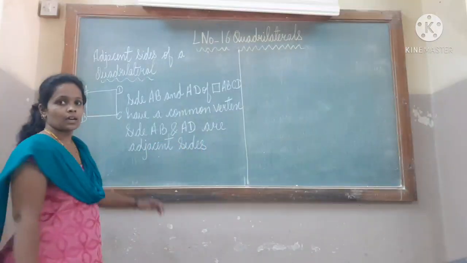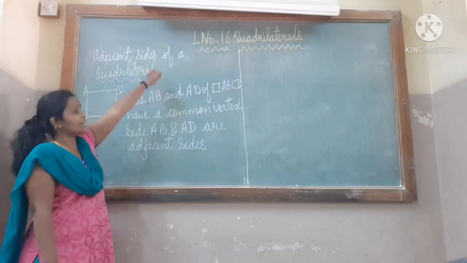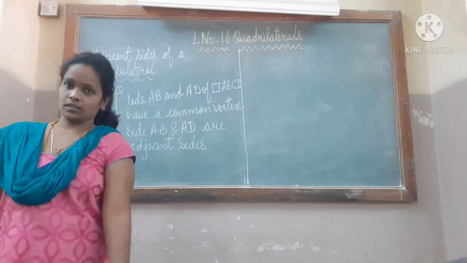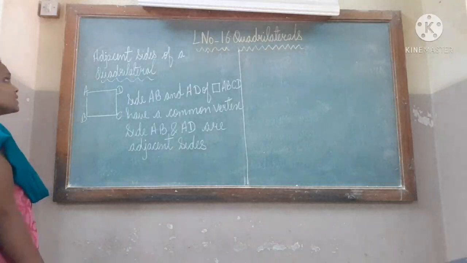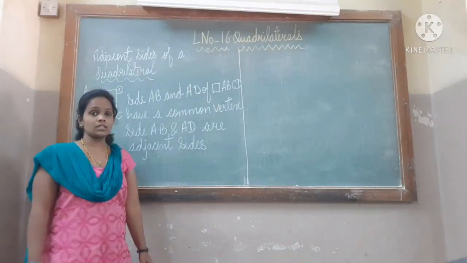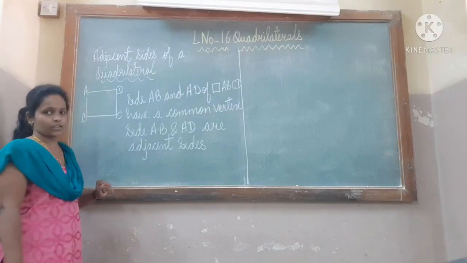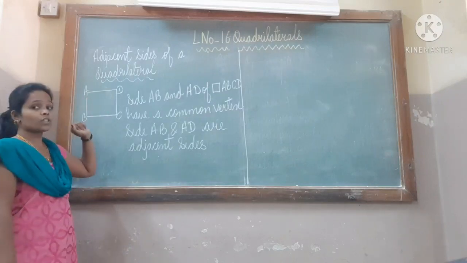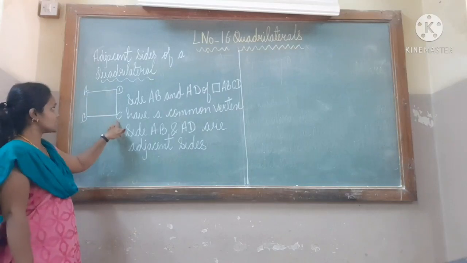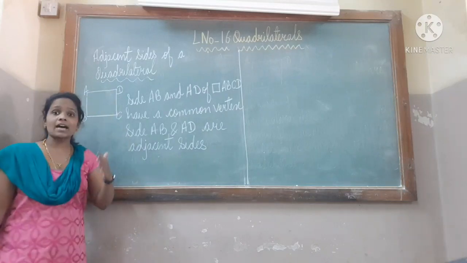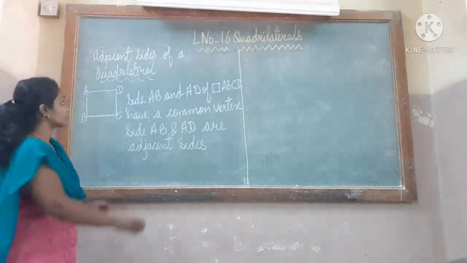We are going to see about the adjacent sides of a quadrilateral. Now, what are adjacent sides of a quadrilateral? See here, I have drawn one figure. The figure is of a quadrilateral, and the name I have given is A, B, C, D. Now, what are the adjacent sides?